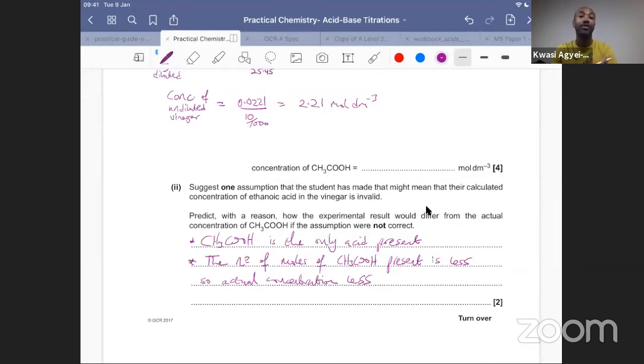Ones that require you to think about dilution factors, and moles of solute in your solution, and what might happen if conditions aren't quite as they seem. For instance, if you've got other acids present, how would they affect your titration calculation?